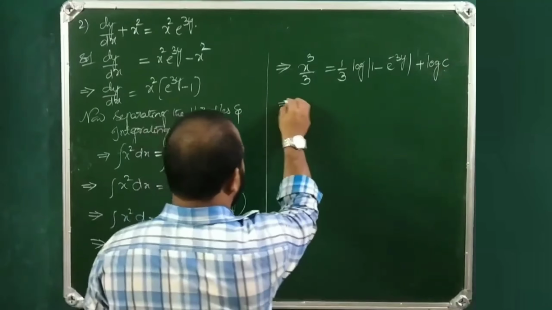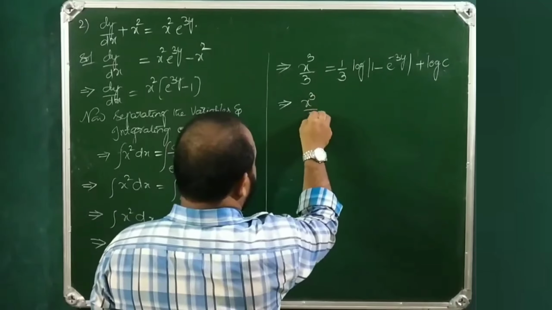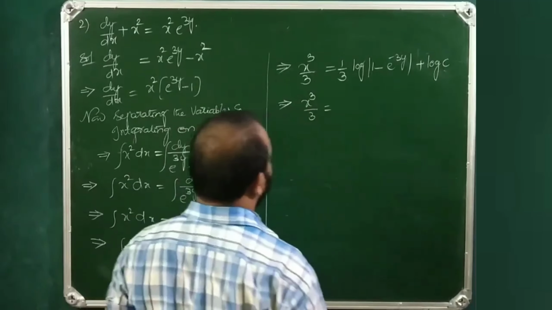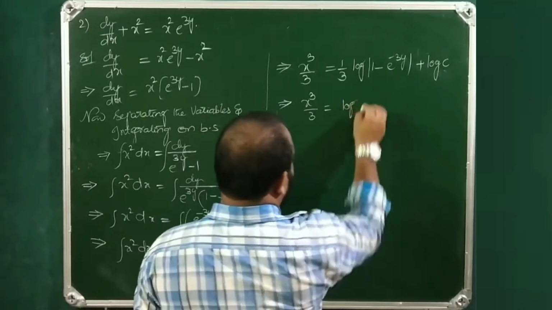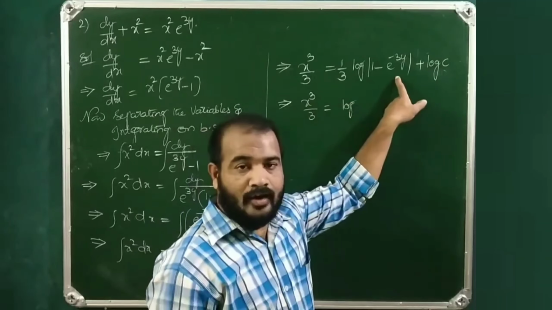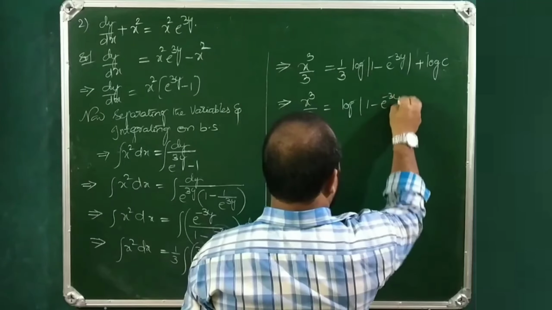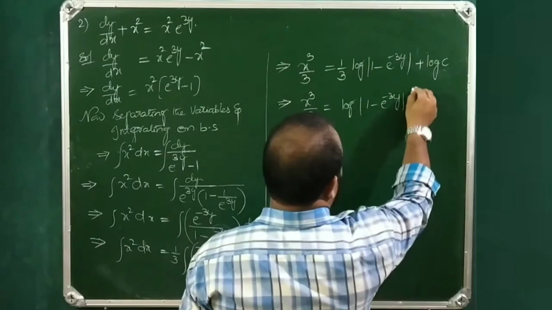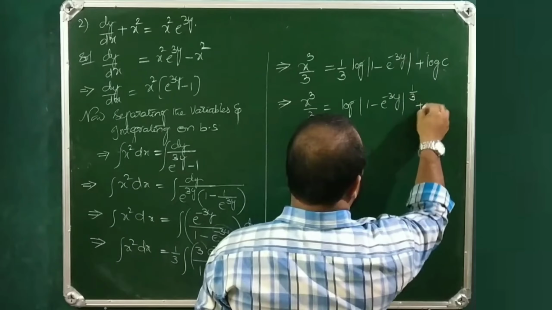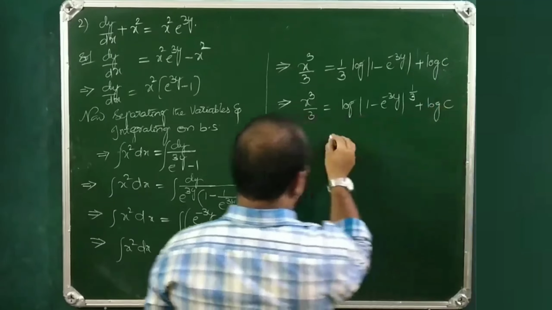Now this is x cube by 3 is equal to log, this is m log a, a to the power of m. So log 1 minus e power minus 3y whole to the power 1 by 3 plus log c.